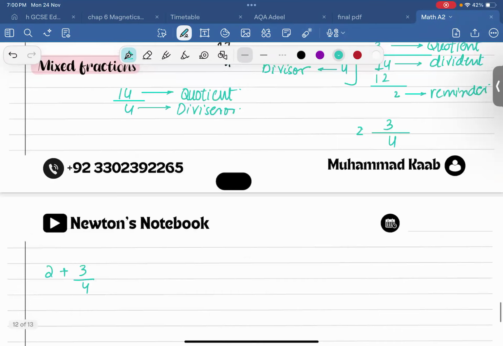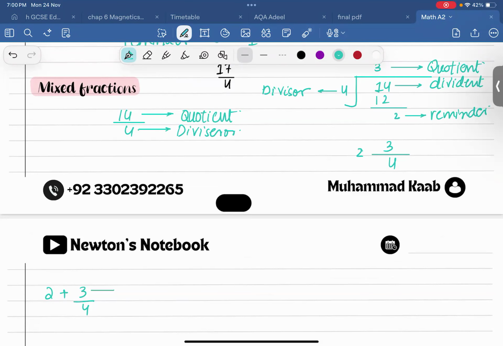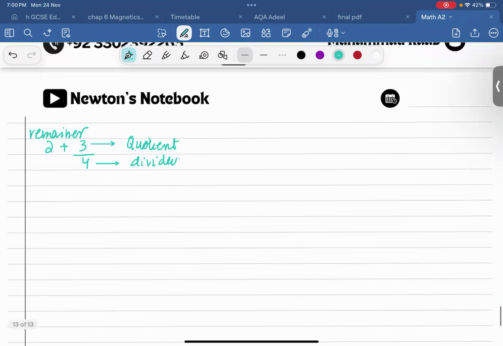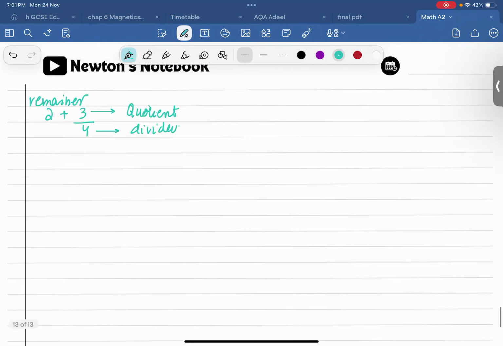So if you just look here, this is the quotient, and this is going to be the divisor, and this is basically the remainder. So this equation is quite important. If you write it yourself: quotient plus remainder over divisor.